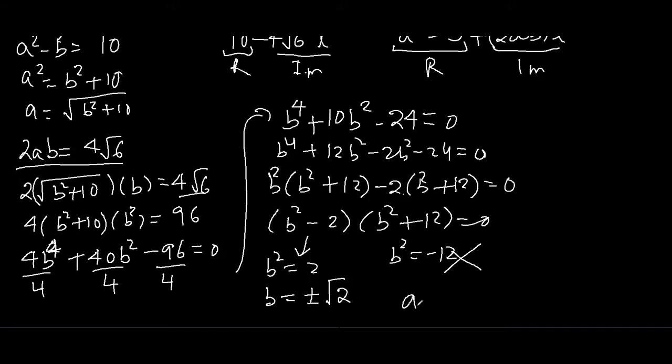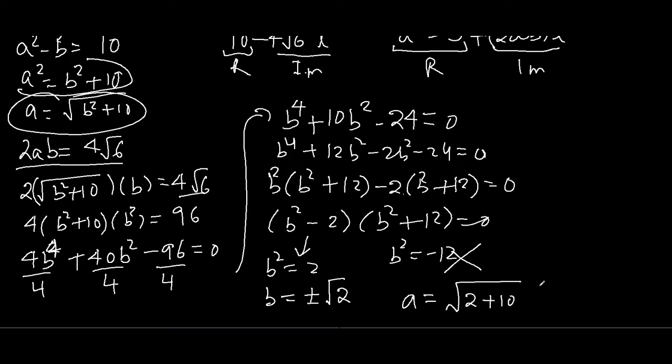And let's find a with this particular relationship. a equals the square root of b^2 + 10, where b^2 is 2, plus 10, and that comes out to be √12. So we have ±√2 as b and ±√12 as a, but we don't know which combination of plus and minus will work.